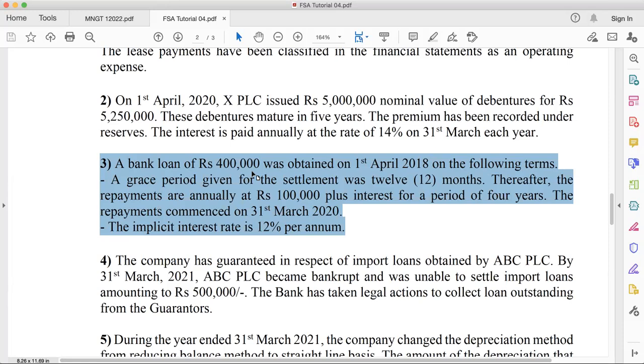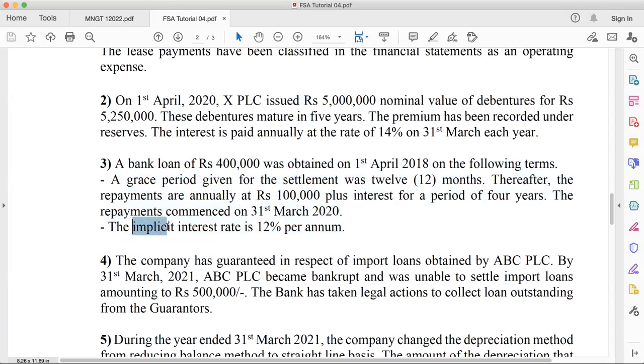Thereafter, repayments are annual at 100,000 plus interest for a period of 4 years. The repayments commence on 31st March 2020. The interest rate of the bank loan is 12%.